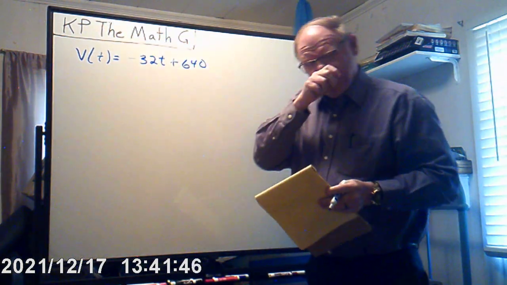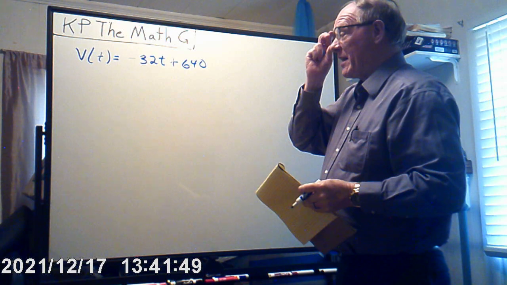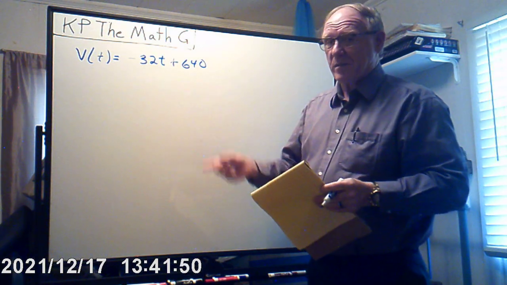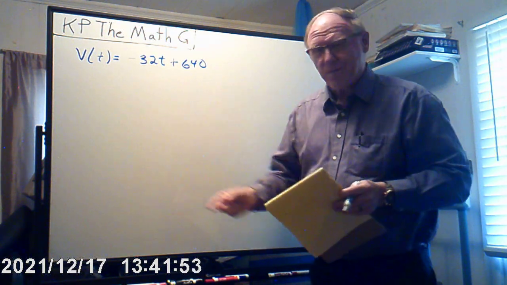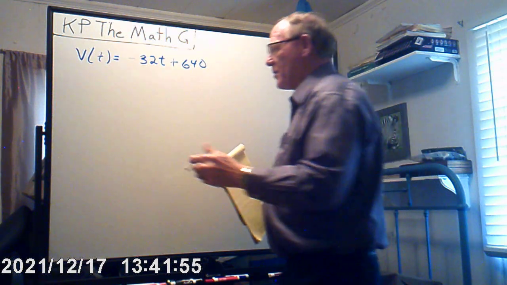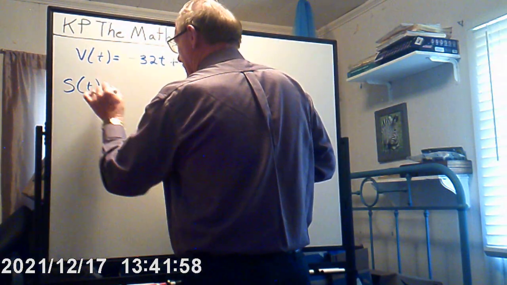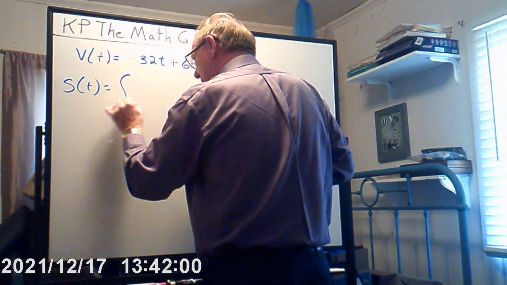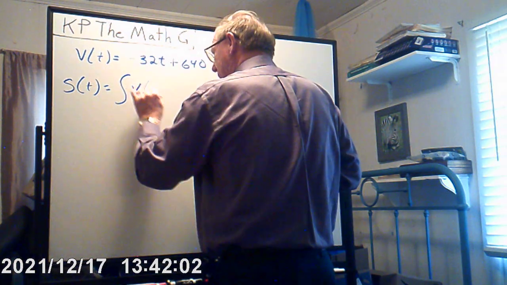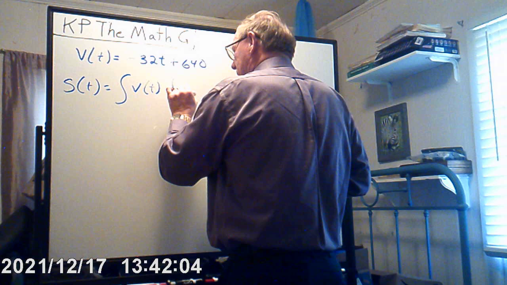Alright, there it is. Now what we're trying to do is find the position function. So s at t, that's what we're looking for, is equal to the antiderivative of v at t dt.